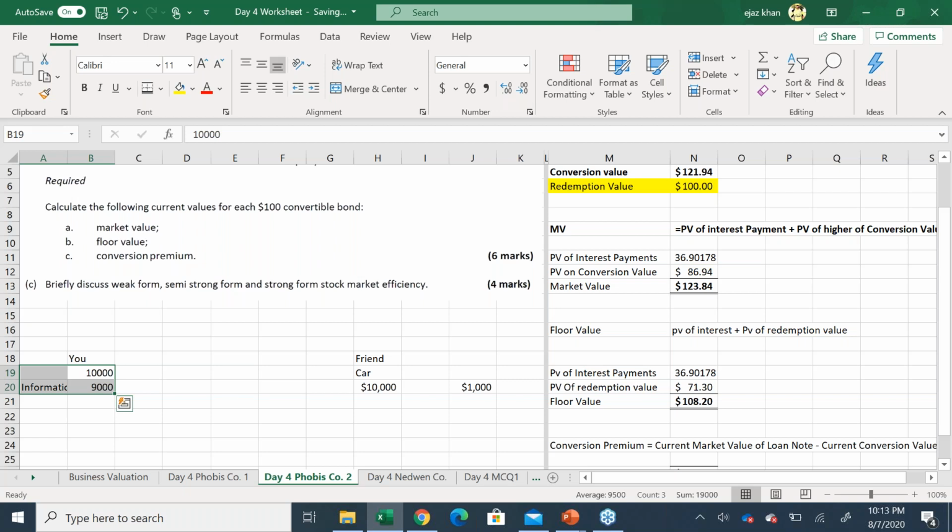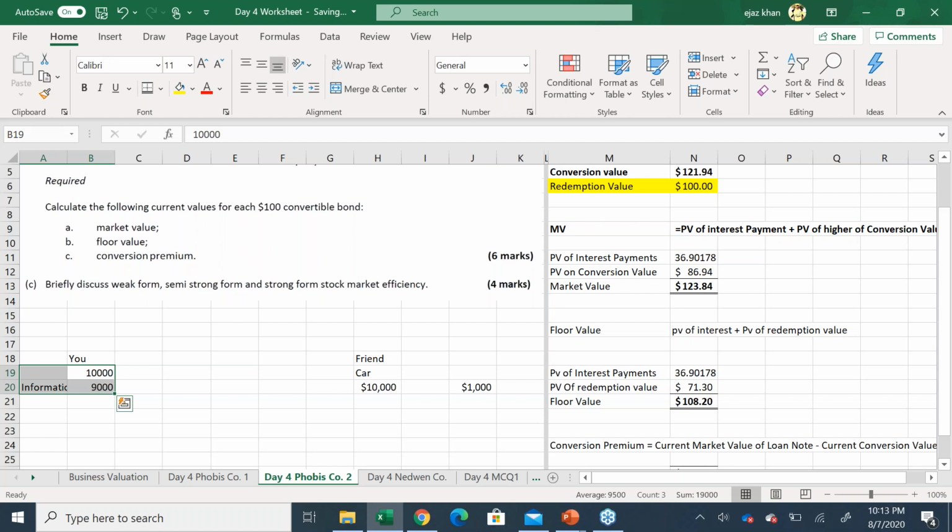The weak form of efficiency means that the investors in the stock market only come to know about the things that happen. They don't come to know about anything that is expected to happen. So once things happen, only then they come to know about it, and only then the price of the stock market changes.